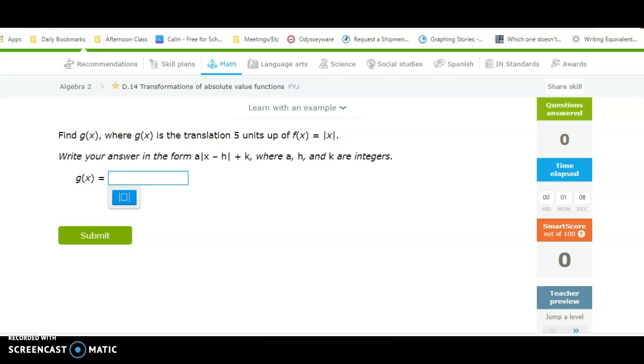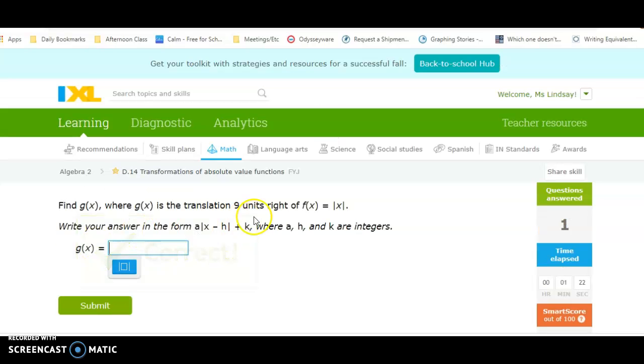All right, so here, if I want this to go up, up is an outside of the bars, so this would be x, and then I would do plus 5 after the absolute value bars, since it's a translation up. If I want left and right, this says 9 right.